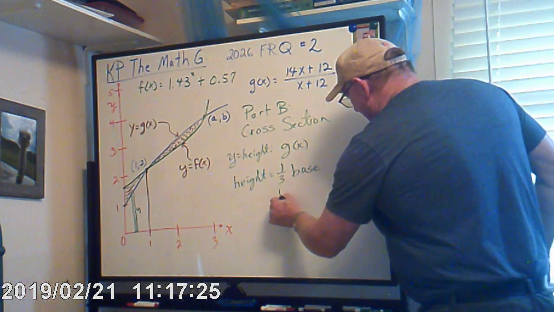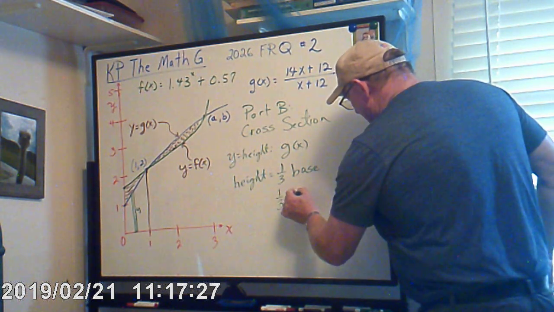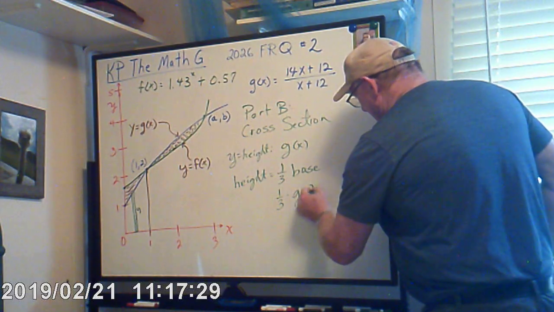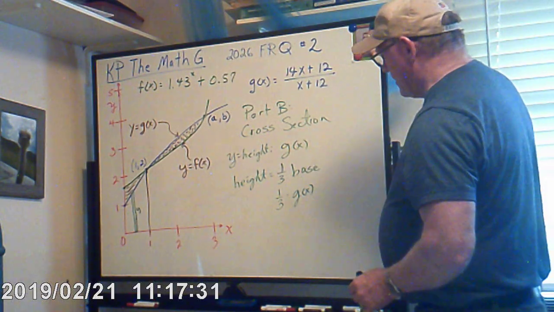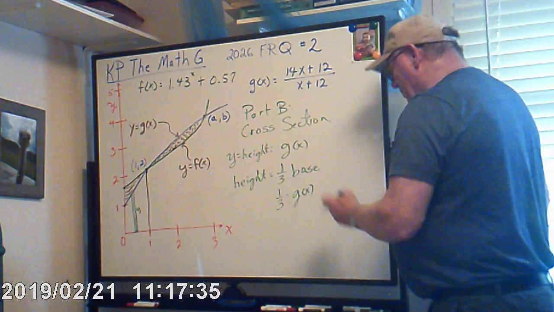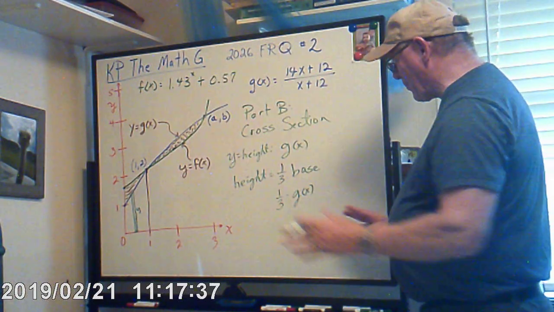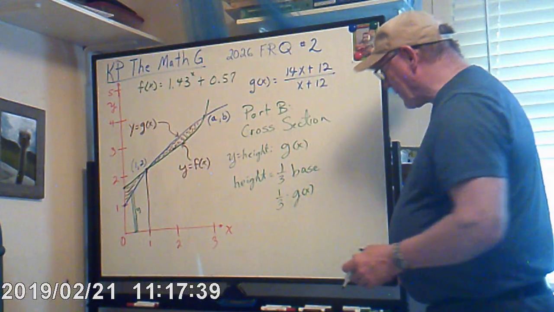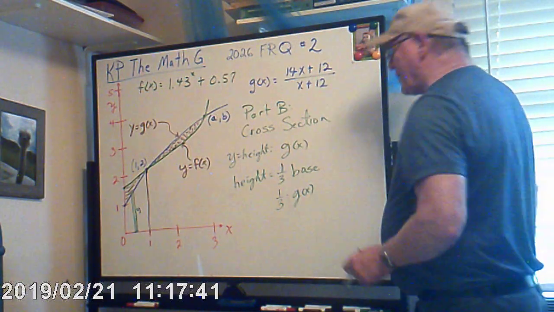So 1/3 of g at x. Alright, so that's really how you go about doing that. If it were square, you wouldn't have one that's 1/3 the size of another. You just have g at x times g at x.